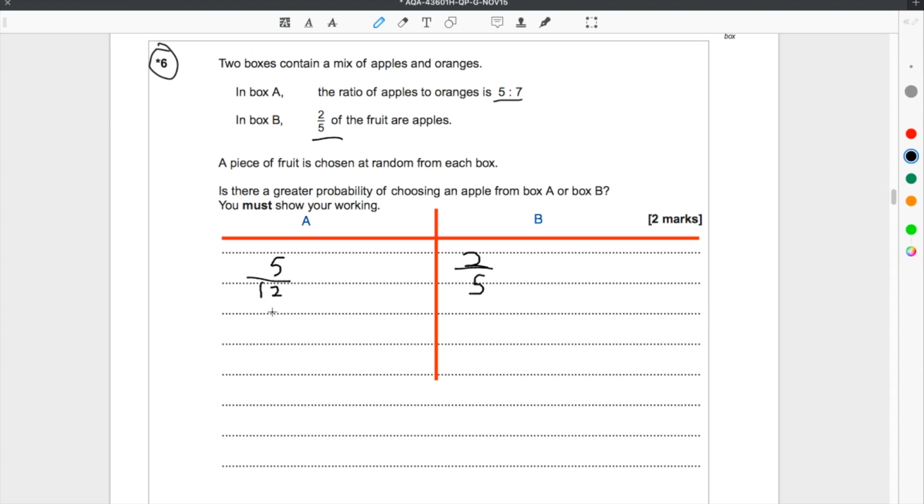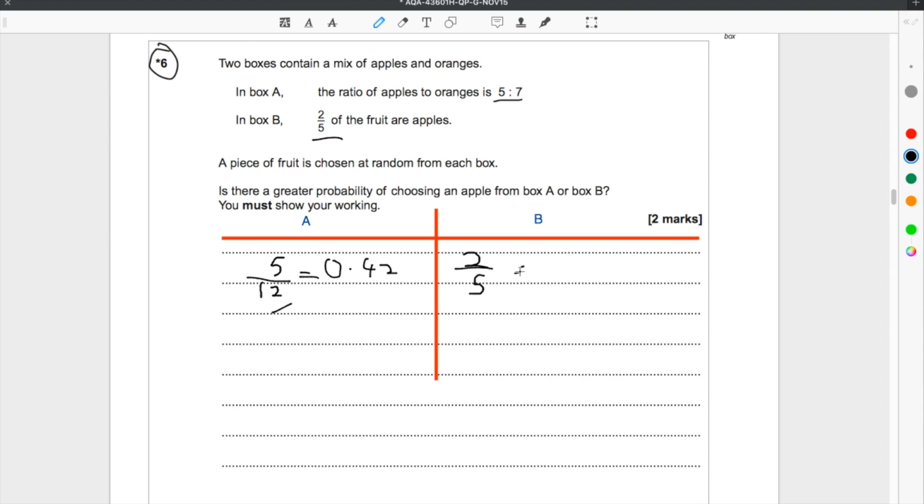Now we need to work out which of these is the greater probability. And all we do is convert these into a form that shows equivalence. So if we convert them to decimals using our calculator, well, 5 out of 12 is 0.42, rounded to 2 decimal places.